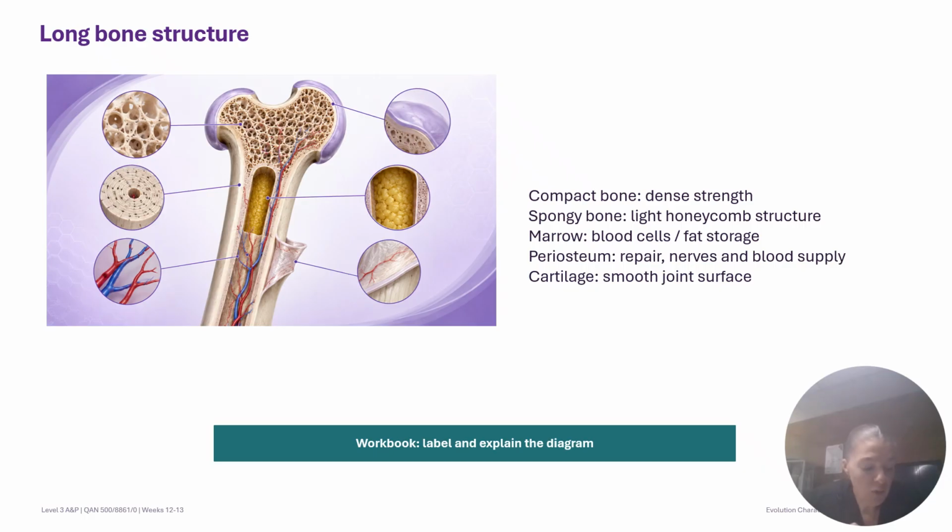Your periosteum, I'm not amazing at pronouncing these words, I apologise, is repair, nerves and blood supply. And then your cartilage is your smooth joint surface. Periosteum, there you go, I'm back on it.